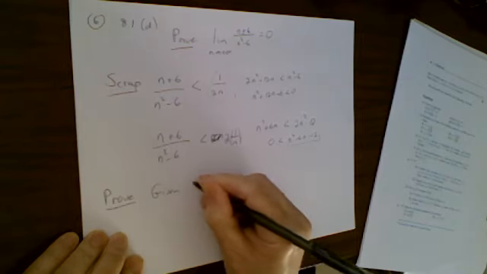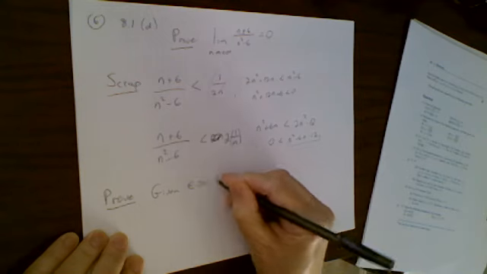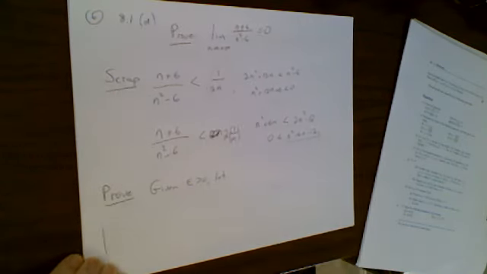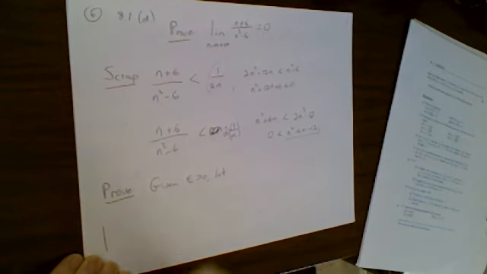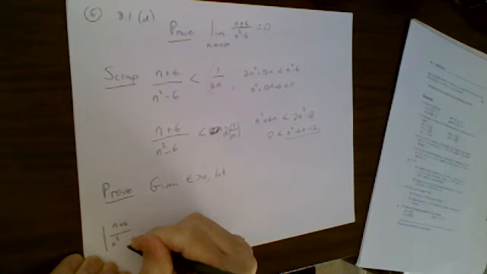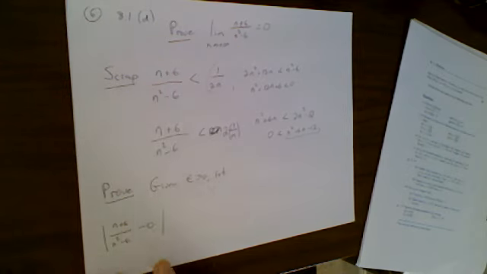Given epsilon greater than 0, well, I need to write out more of the scrap work. If I look at n plus 6 over n squared minus 6 minus 0, I want this to be less than epsilon.